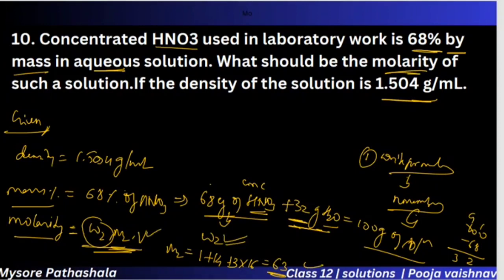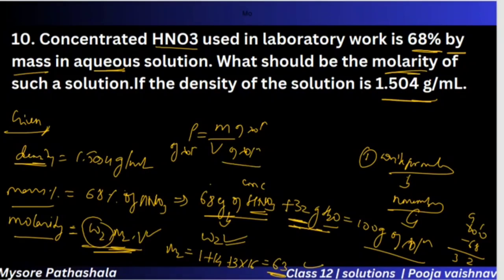I want the volume of solution. So you have to think again. Simply they will not give any of the numericals. Is there any relationship between density and volume? Yes, density is equal to mass by volume. For density of solution, it is mass of solution divided by volume of solution.